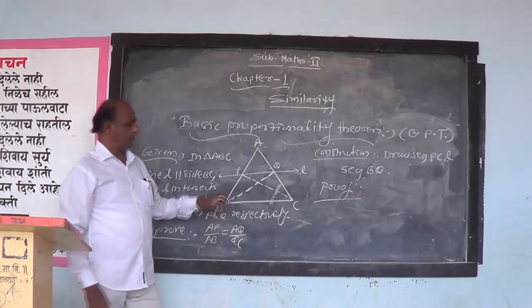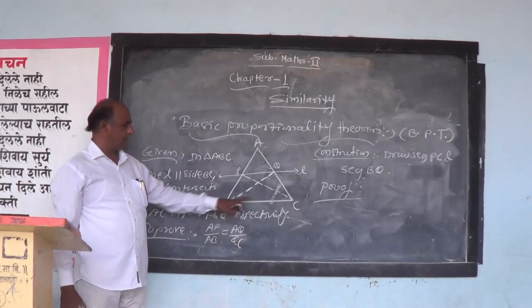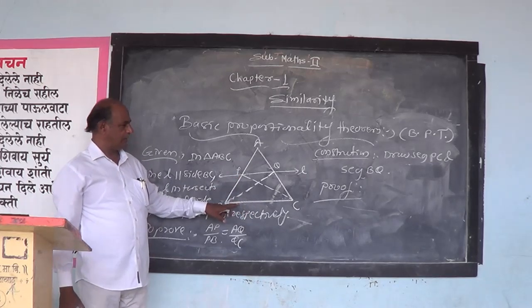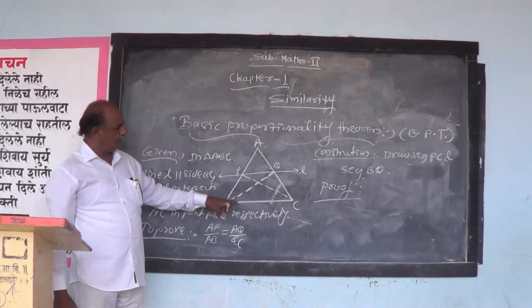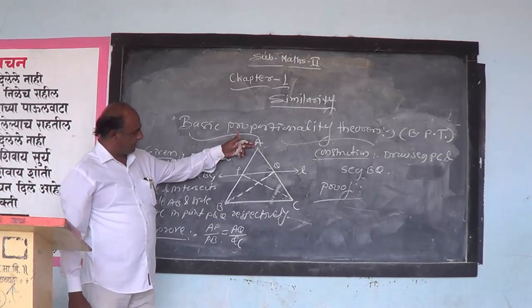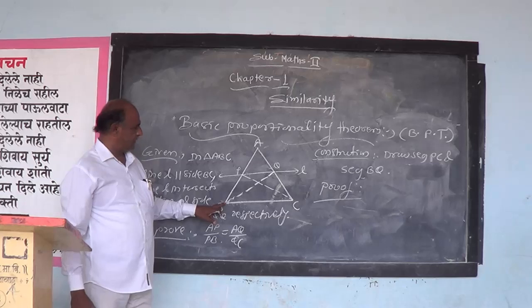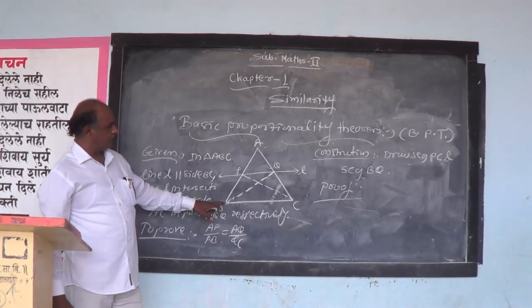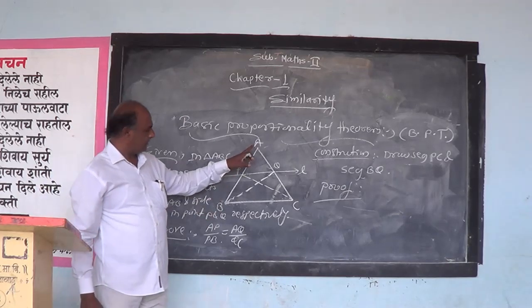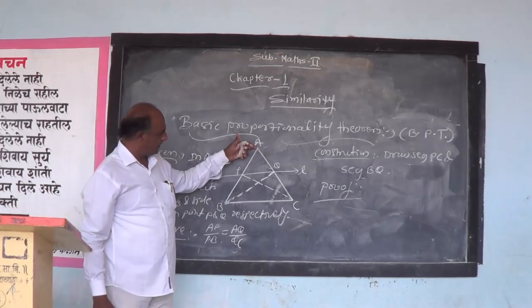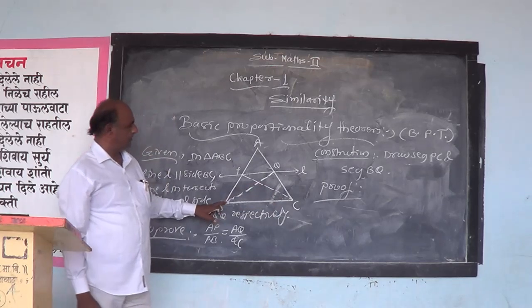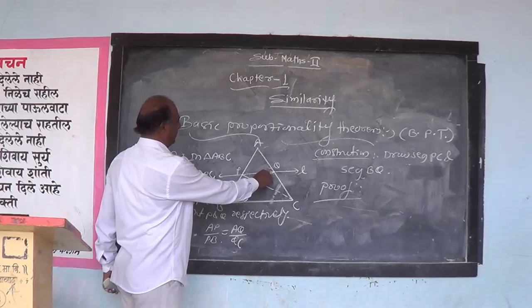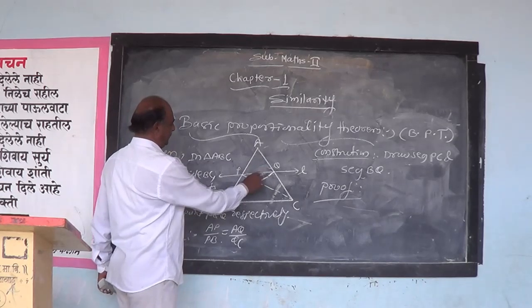Now see, first in triangle ABC, line L is parallel to side BC, and here two triangles are present: first triangle APQ and triangle PQB.